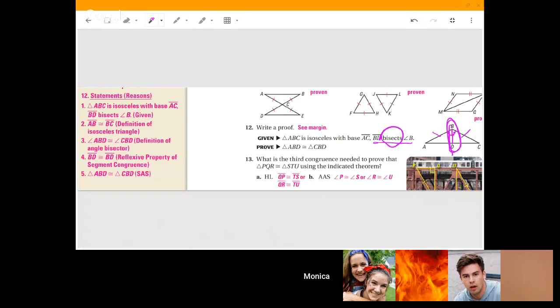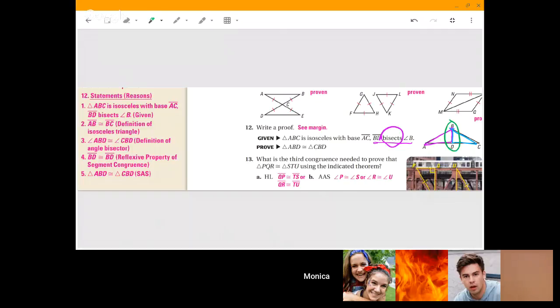Well, we do know that BD bisects angle B, but when we're looking at the two triangles there, Devin, let's see. Let me make the picture a little more clear. So we have this triangle here, and then we also have another triangle here. They share the side here at BD.